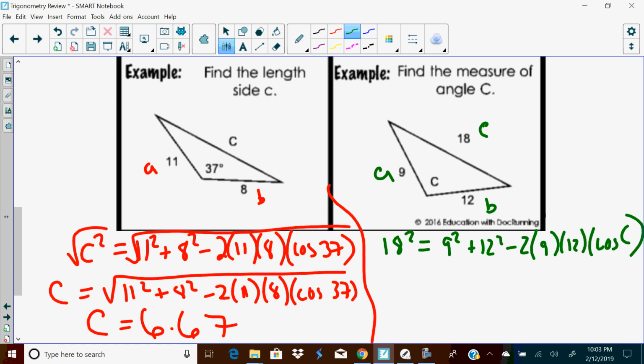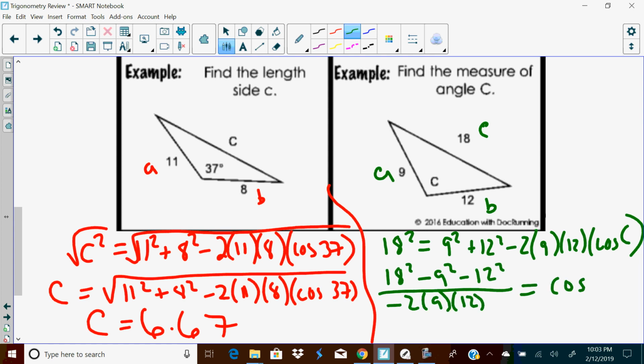So the first thing I'm going to do is get the cosine all by itself. So I'm going to get 18 squared minus 9 squared minus 12 squared, and then it's going to be all divided by negative 2 times 9 times 12. And that's going to equal the cosine of C. So then I need to do the inverse.